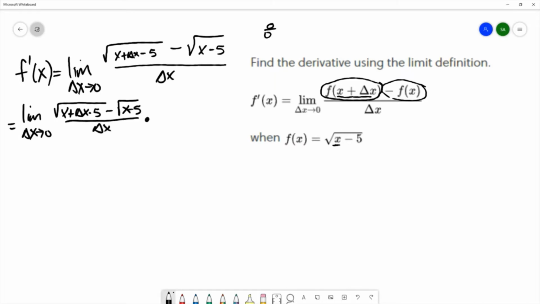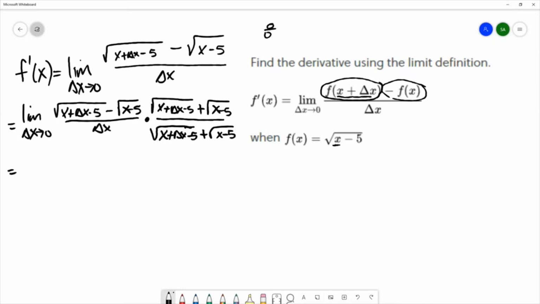And I'm going to multiply by the conjugate of the numerator, which is square root x plus delta x minus 5 plus square root x minus 5. So the conjugate is just changing that sign from minus to plus. And we have to do the same thing on the numerator and denominator. So I'm also going to multiply by square root x plus delta x minus 5 plus square root x minus 5.